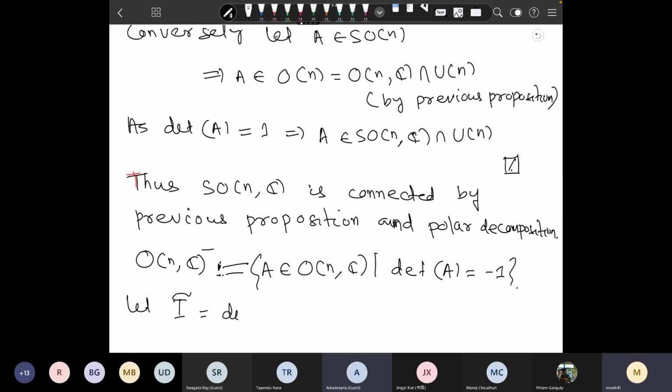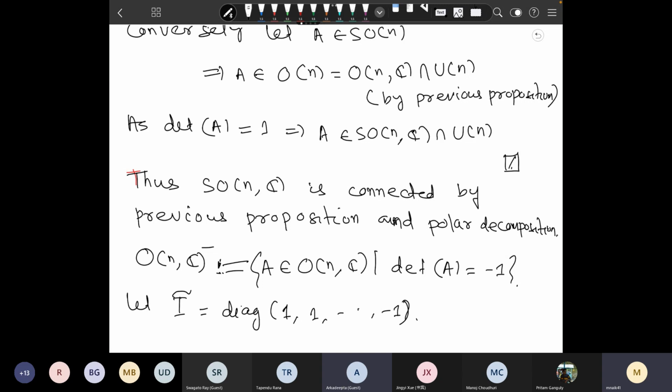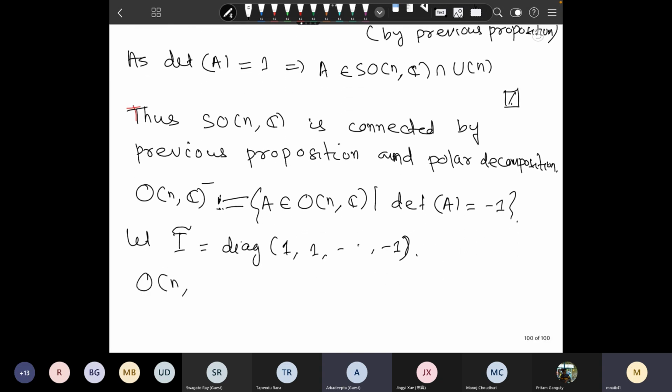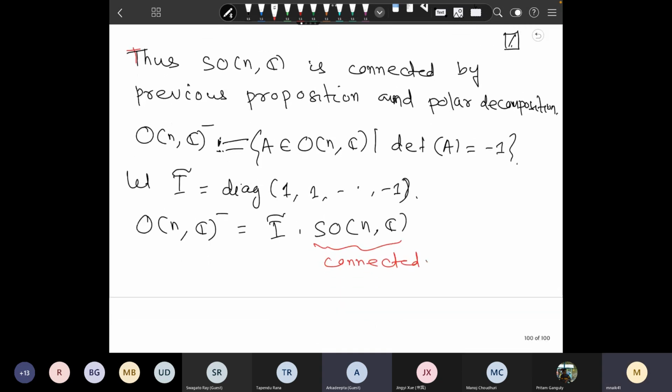Let I tilde be the diagonal matrix with entries 1, 1, ..., 1 and the last entry minus 1. You can check that ONC minus is equal to I tilde times SONC. Now as this is connected and matrix multiplication is continuous, this implies ONC minus is connected.